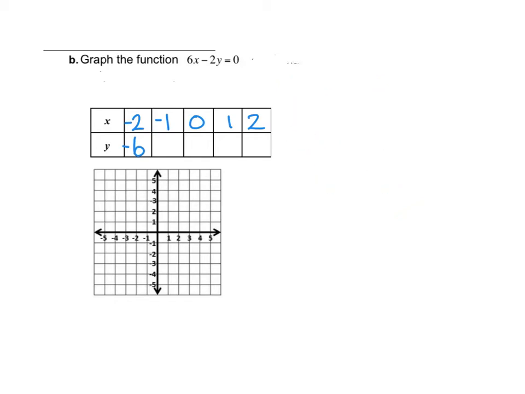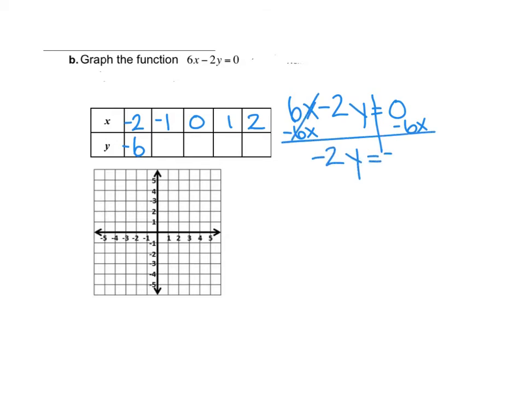If you take that first equation, 6x minus 2y is equal to 0, and solve for y, especially in this case where the numbers are divisible by that 6x, what I'm going to find is that I have -2y is equal to -6x. All right, so let's solve for y here. I'm going to divide by -2. I'm going to have y is equal to, oops, I forgot my x, 3x.